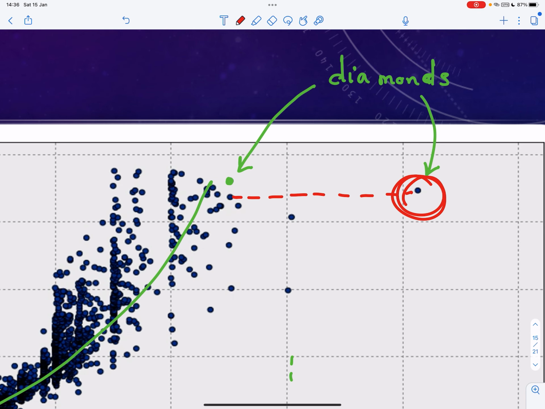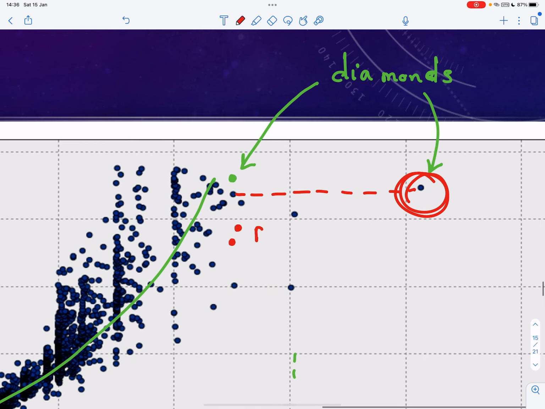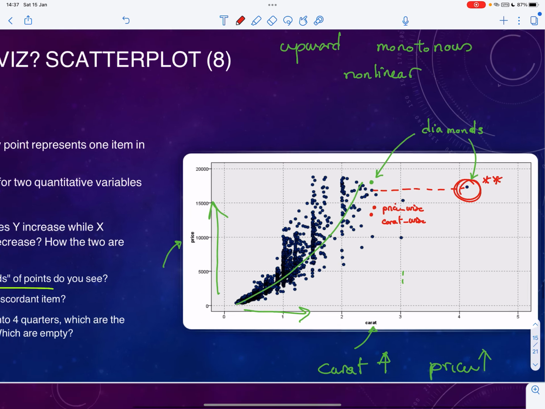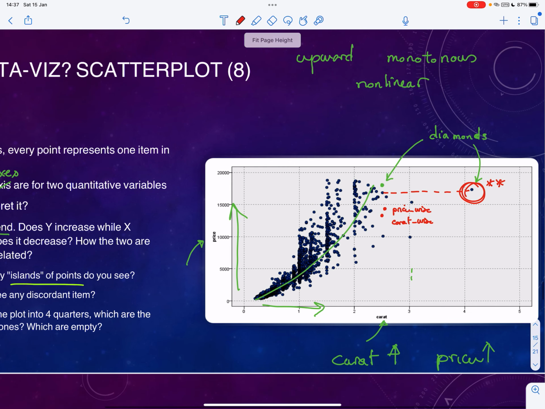So if 2 items are close to each other in a scatter plot, they are similar price-wise and carat-wise in our example. There is no diamond similar to this one in our data set. And it's quite interesting. Maybe we need to study this specific diamond further.